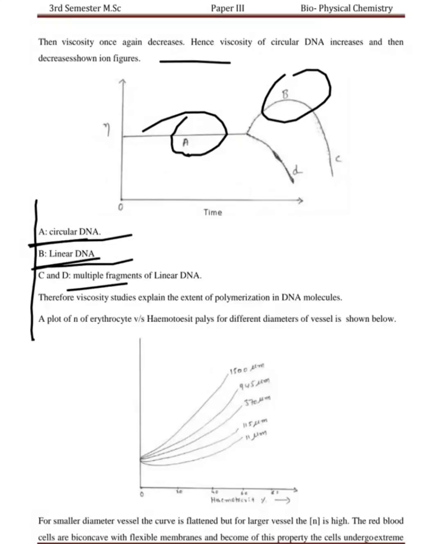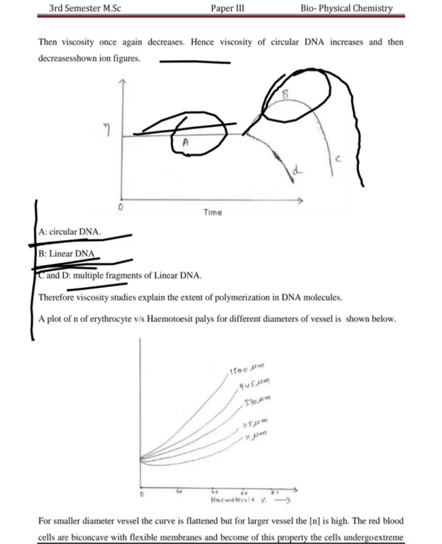So when it comes to different types of polymerization, the circular DNA will be in the linear form, and linear DNA viscosity will increase once and then decrease. Therefore, the viscosity explains the polymerization of DNA.